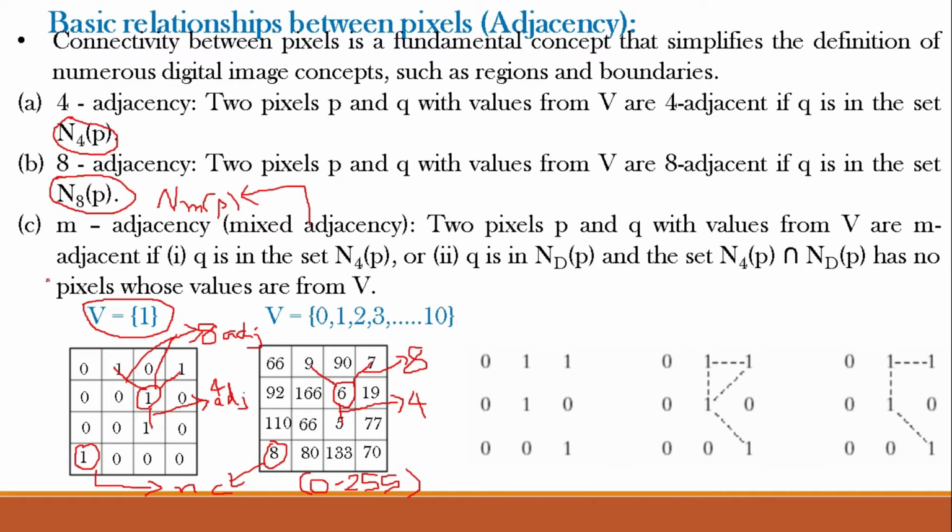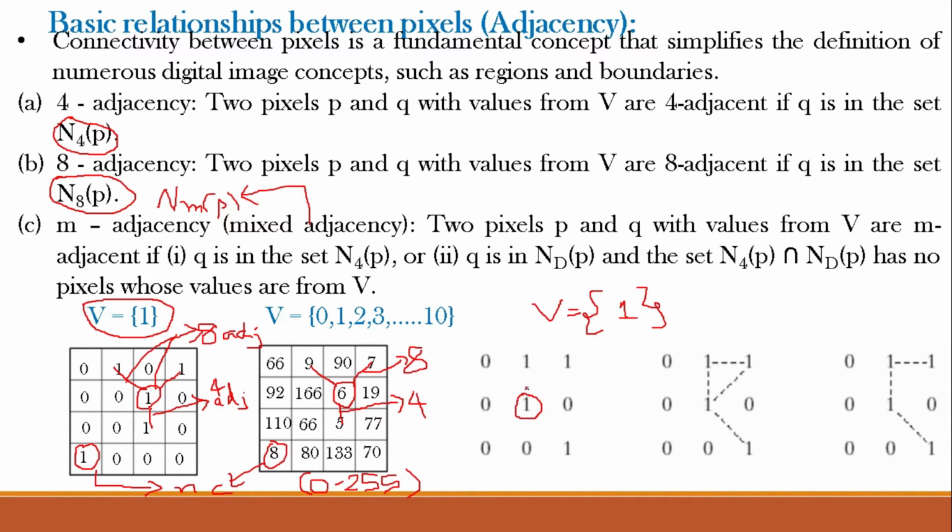Now let us go ahead and understand M adjacency or mixed adjacency. So this mixed adjacency is a modification of 8 adjacency. It is introduced to eliminate the ambiguities that often arise when 8 adjacency is used. For example, consider this particular pixels, and say we have a set again V equal to 1.